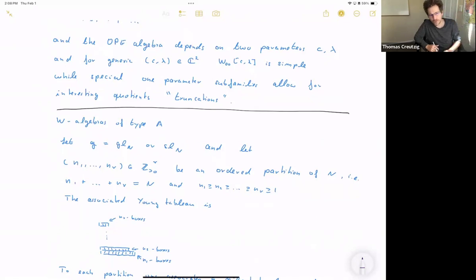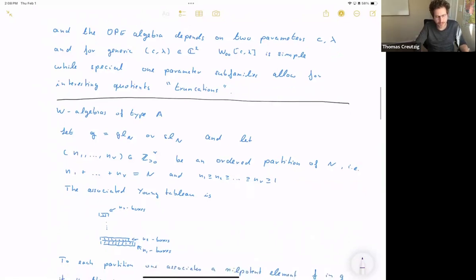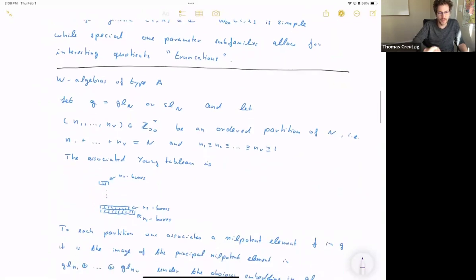What you do is you simply fix a partition of your capital N of the GLN, meaning you fix a tuple of positive integers that add up to N. And of course, you can order them. It's kind of nice to order them. So our convention here is that the first entry N1 is the largest one, and then they get smaller and smaller.